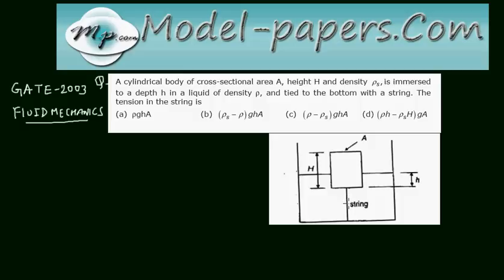Let's say T is the tension in the string in this direction, and the weight of the block or the cylindrical body is also acting in the downward direction, and the buoyancy force due to this fluid is acting in the upward direction.